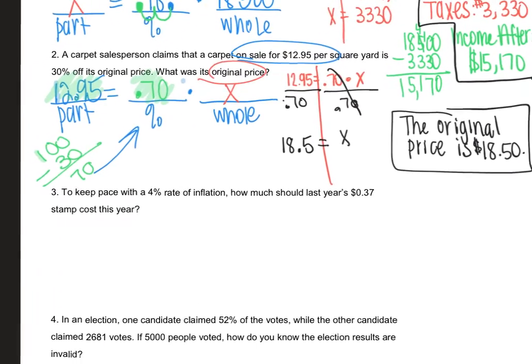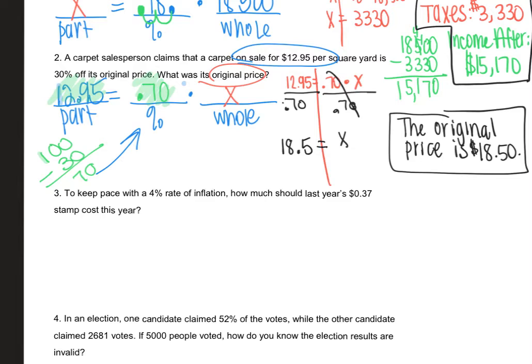All right, number 3, to keep pace with a 4% inflation rate or rate of inflation, how much should last year's 0.37 or 37 cent stamp cost this year?